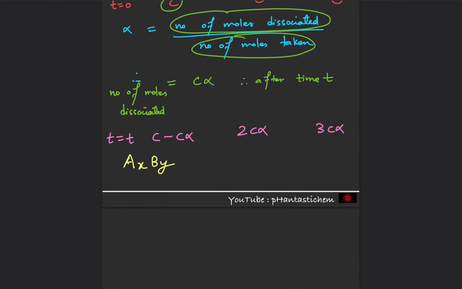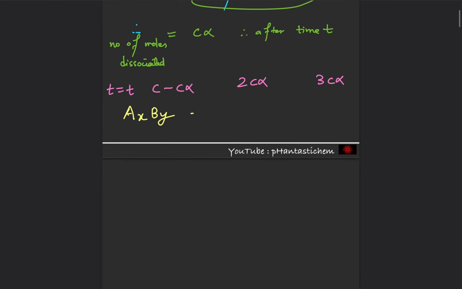Okay. So, after understanding these things, let's do the same thing for AxBy, our weak electrolyte. So this guy will undergo dissociation to give me x moles of Ay+ plus the other ion, which will be Bx- and y moles.